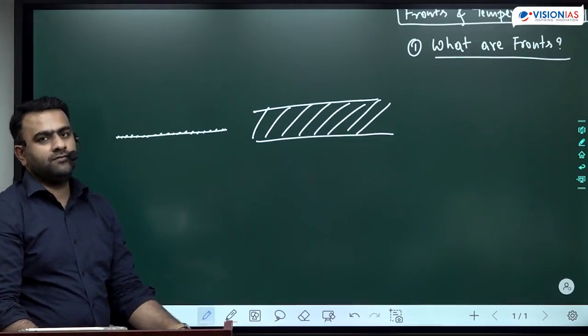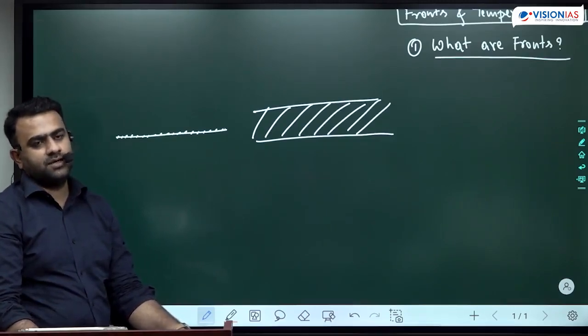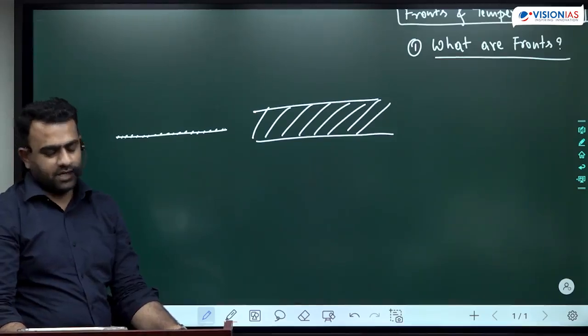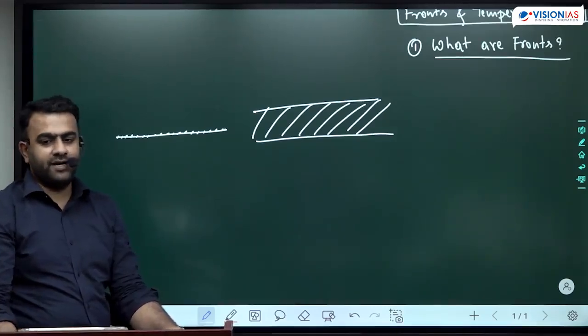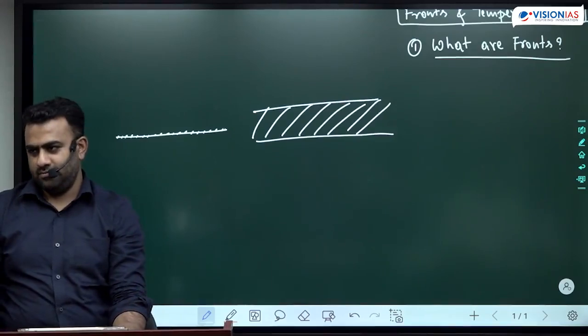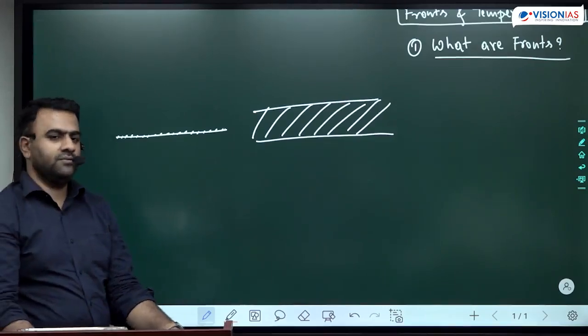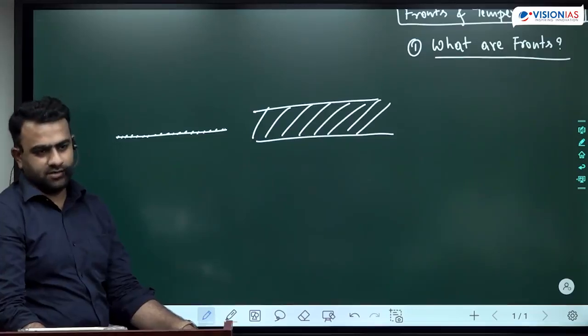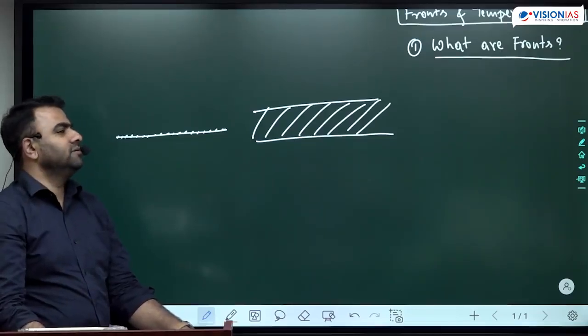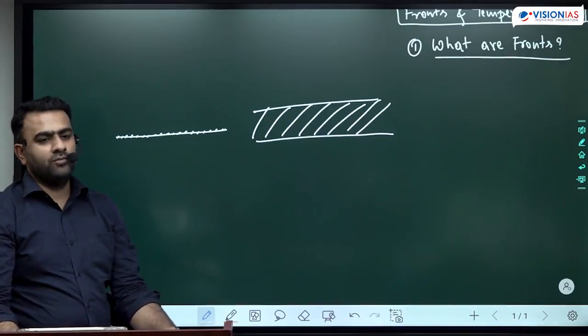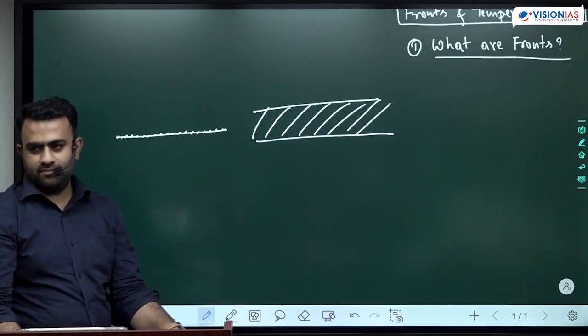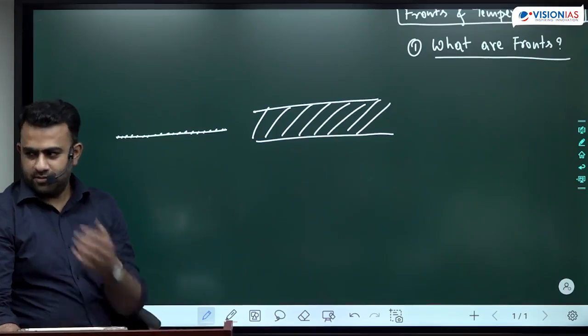So, front example is Tibet. Earlier, it was considered as a front between India and China, until Tibet was annexed by China. फिर अभी border बन गया. Got the difference?